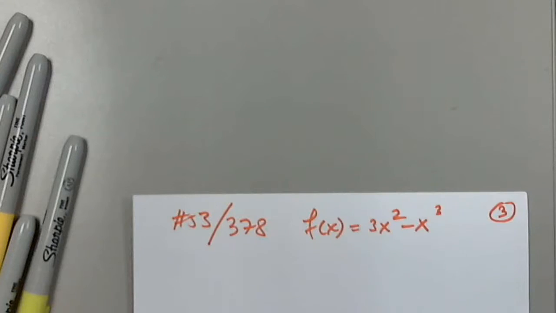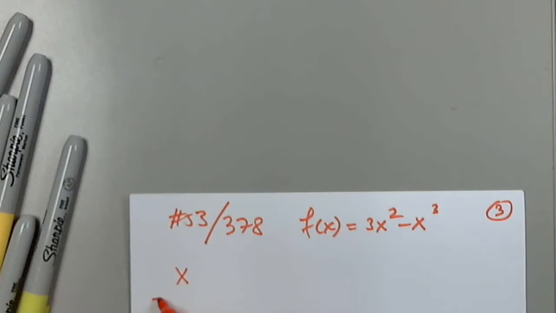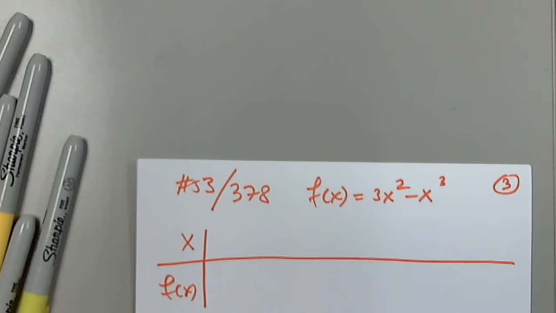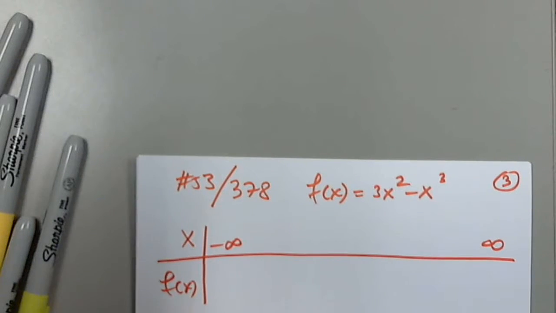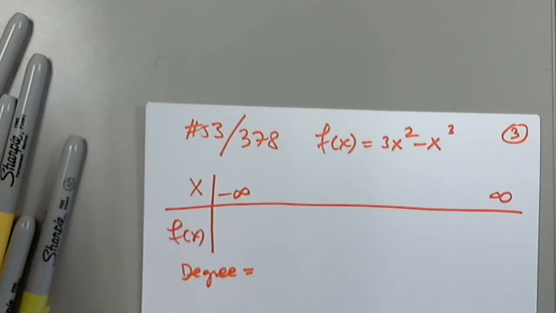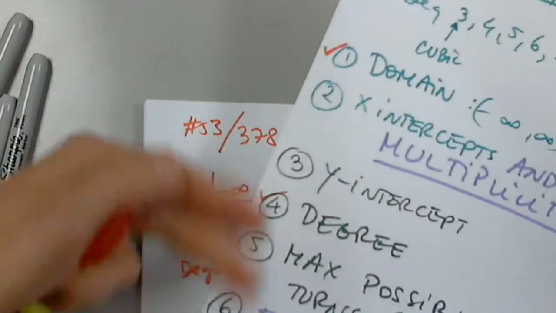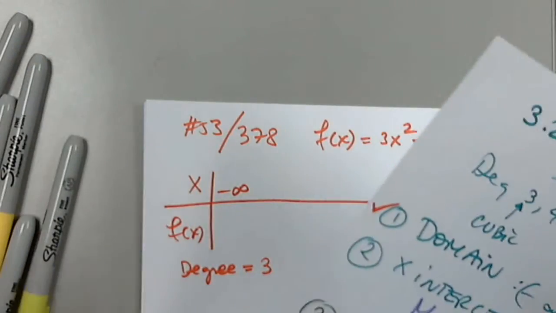Yep. Good. So I'm going to start a table. You already gave me the domain, so I'm going to write negative infinity to positive infinity. Next to my table, I will write degree. Can anyone give us a degree? Very good. So from this list of 8 items, I already have the answer to 2.